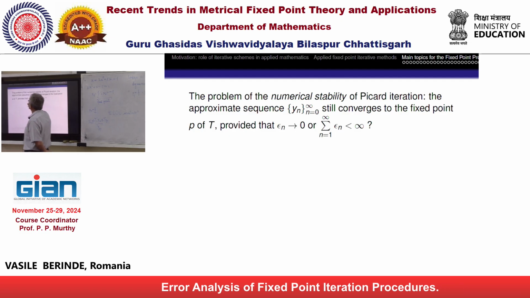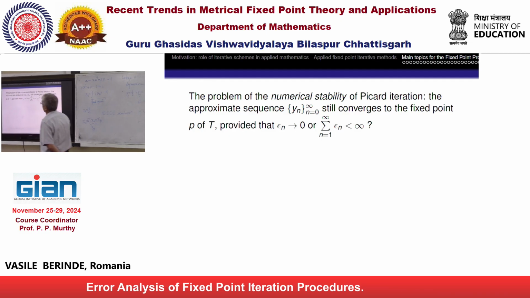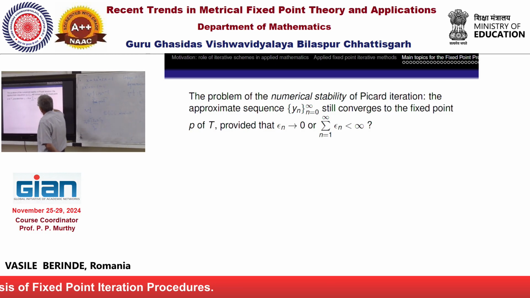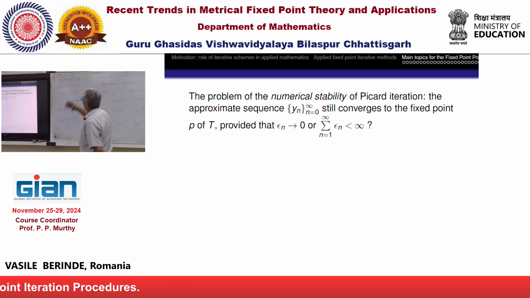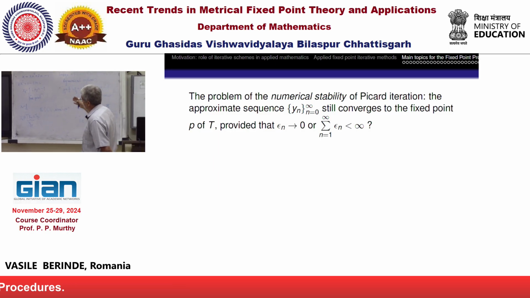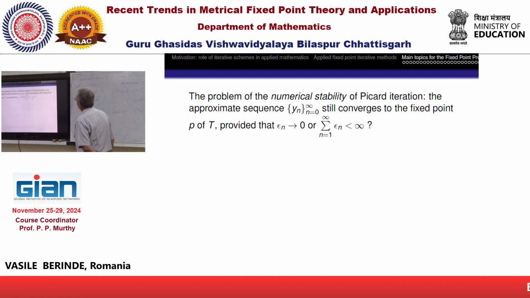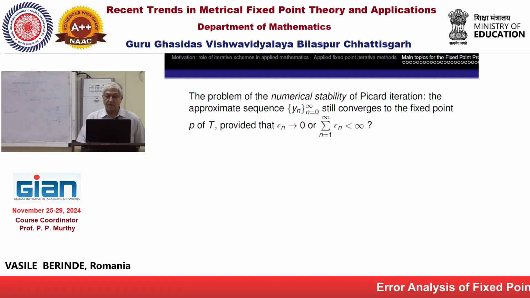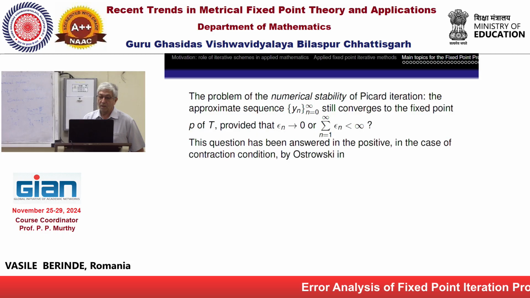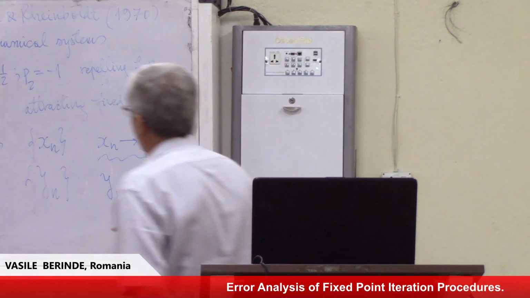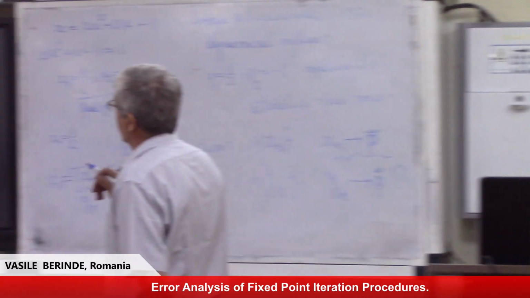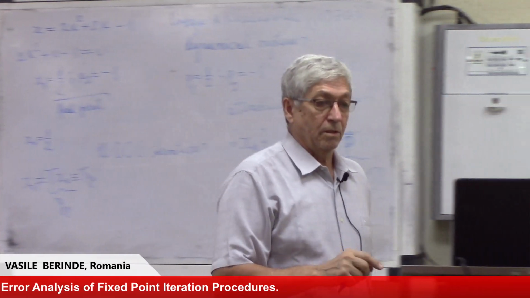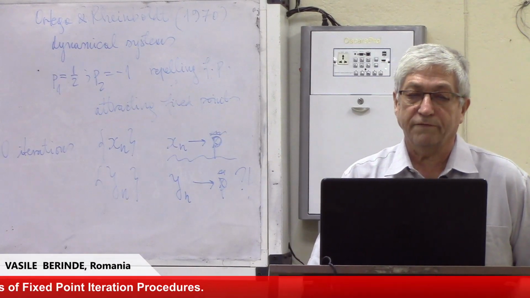So we can assume epsilon n is a sequence tending to 0, or this assumption, that the accumulating errors are finite in the sense that this series is convergent. So this means stability of the Picard iteration.